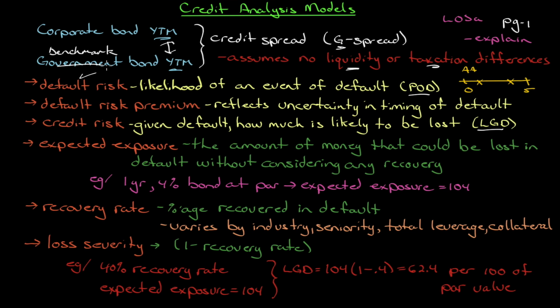The bond could have collateral that is worth far more than the bond itself, that even if the bondholder stepped in, grabbed the collateral, liquidated it, they would be more than paid back. 100 cents on the dollar. So there's no credit risk there. So you can have default risk and credit risk, which is unrelated to the default risk. Credit risk is its own thing. Expected exposure. This is the amount of money that could be lost in default without considering any recovery.